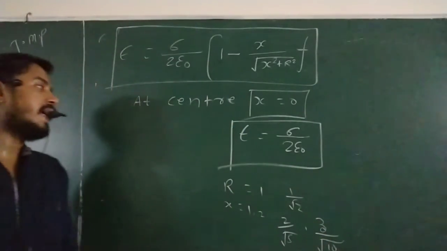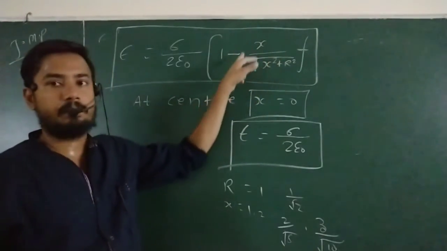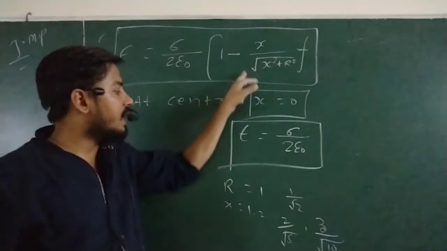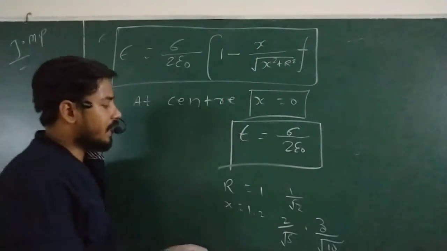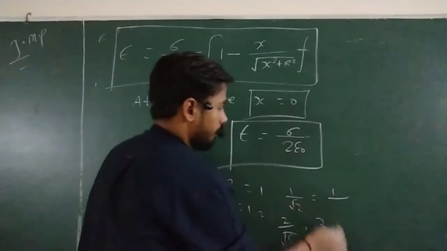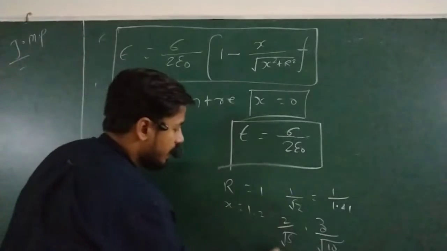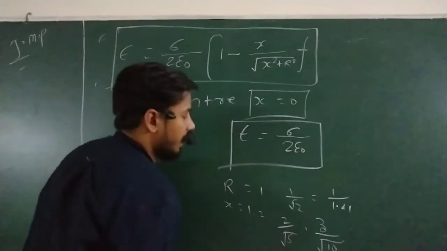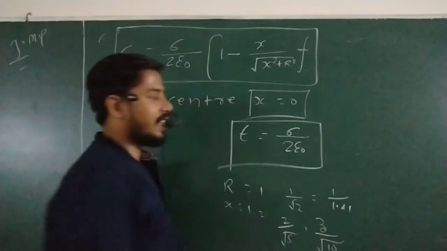So you can see this value will start increasing, right? How? So you can see here, this is what? 1 by 1.41. But if you solve this one, this becomes 2 by 2.4 something. And this becomes 3 by 3 point something. Suppose you take x equal to 4.